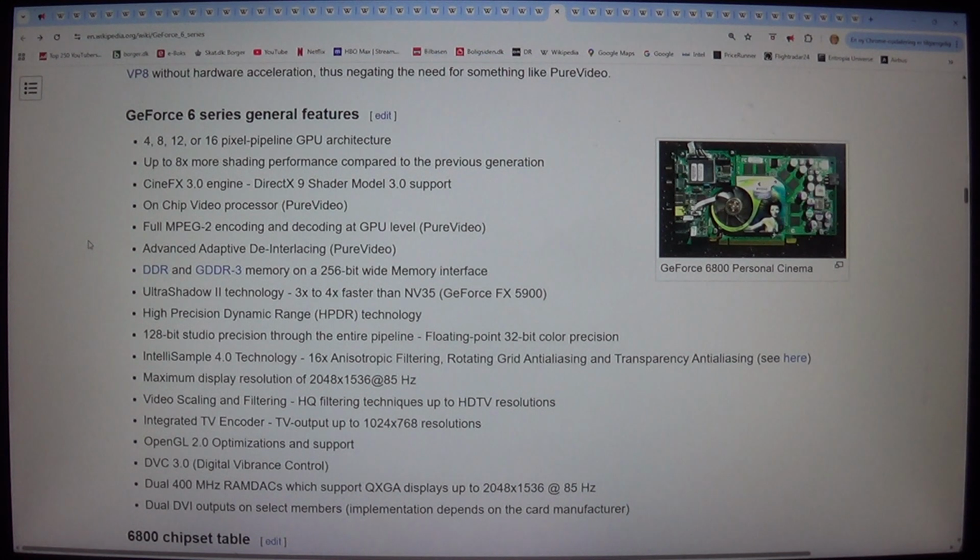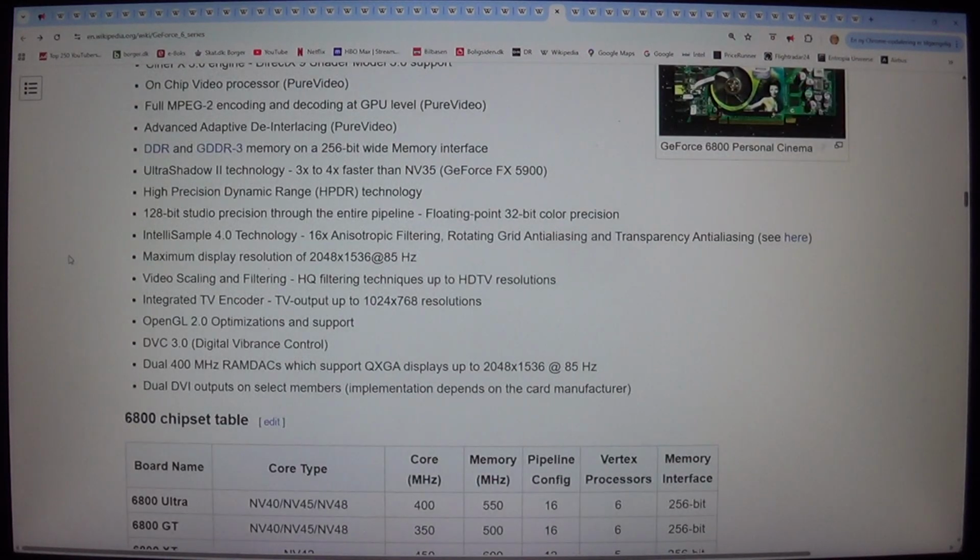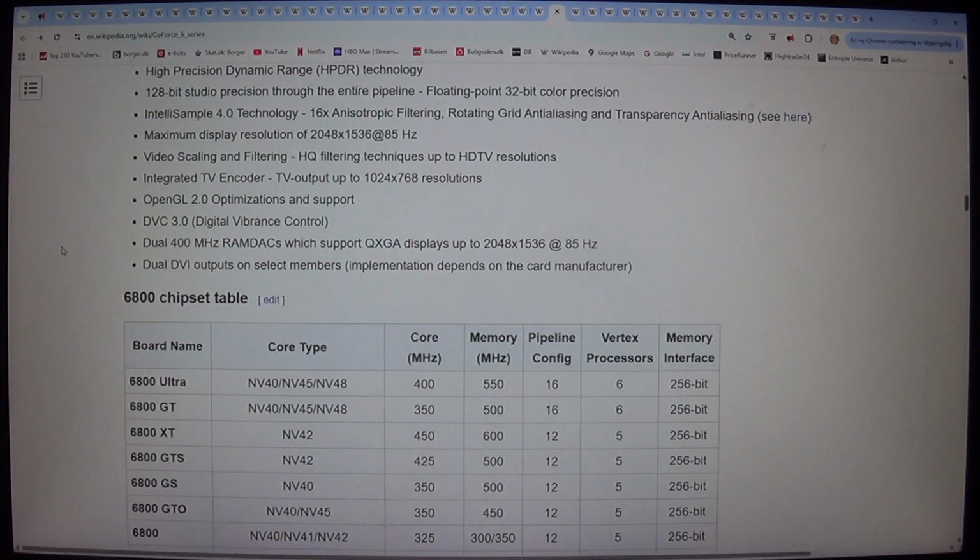Maximum display resolution of 2048 x 1536 at 85 Hz. Video scaling and filtering, HQ filtering techniques up to HDTV resolutions. Integrated TV encoder, TV output up to 1024 x 768 resolutions.